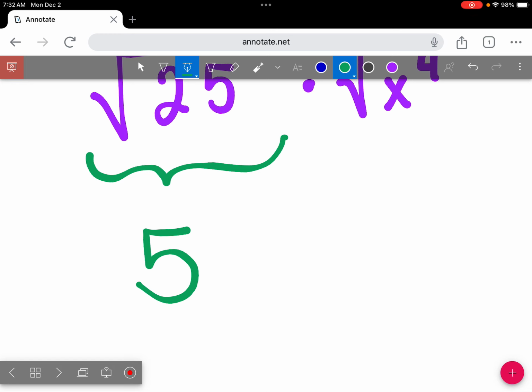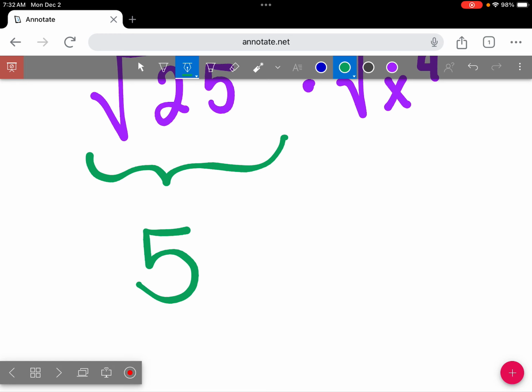Okay, the tricky one is when we start tossing letters in there. So I want to know the square root of x to the 4th. You can either do it with the process of what squared gives me x to the 4th, or the way I like to think about it is I have socks. They're strange looking socks. They look like x.